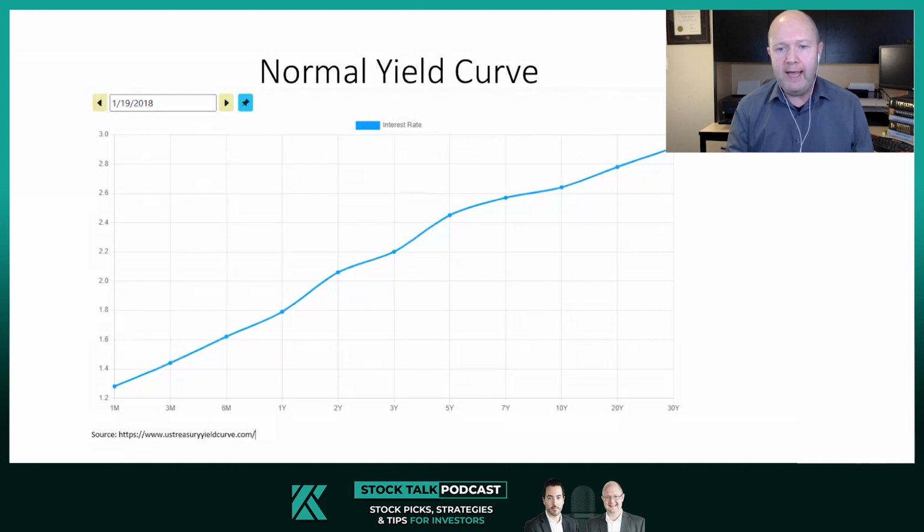And the reason why people generally want to get more of a return from longer term bonds is because they want to be rewarded for the inflation risk, one of the biggest risks of a bond. So if you're buying a 1 month or a 3 month or a 1 year bond, you generally have a better assessment or feeling of what inflation is going to be over that period.